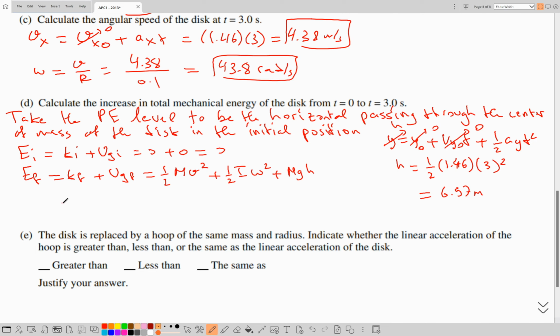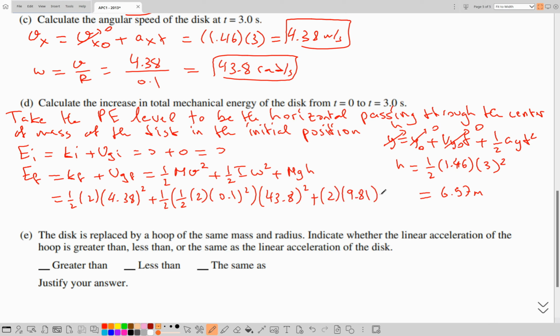And now let's replace all the values. Half, the mass is 2, the speed is 4.38 to the power of 2, plus half, the rotational inertia is half, the mass is 2, the radius is 0.1 to the power of 2, omega is 43.8 to the power of 2, plus the mass, which is 2, g is 9.81, and the height is 6.57.